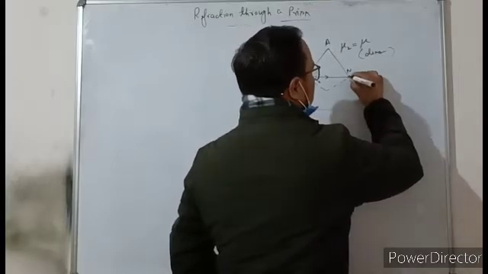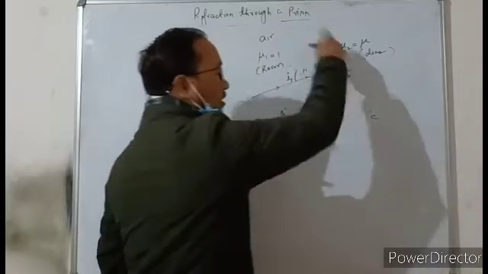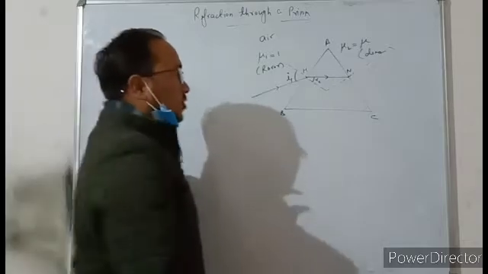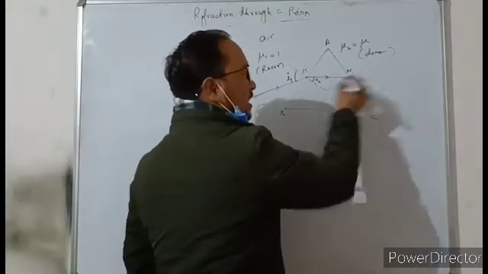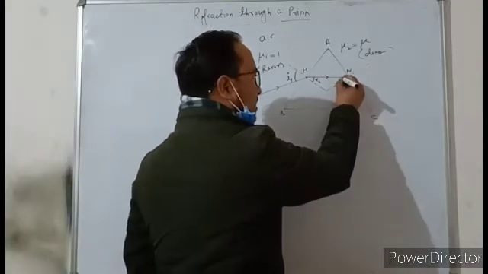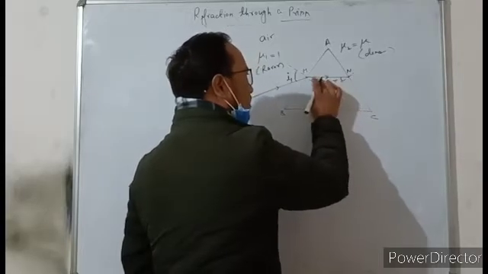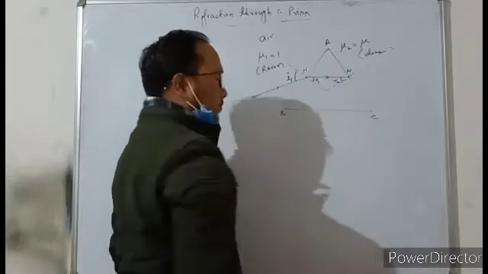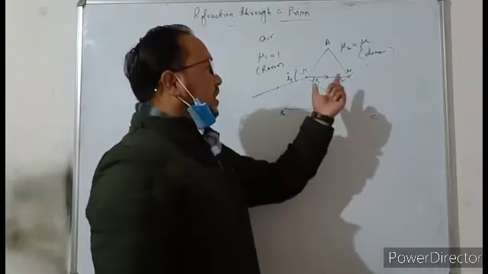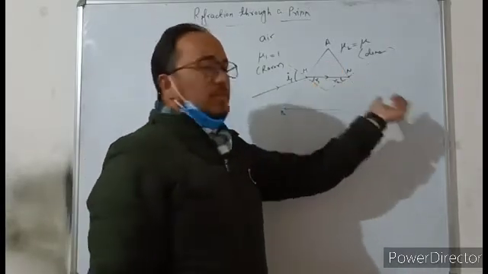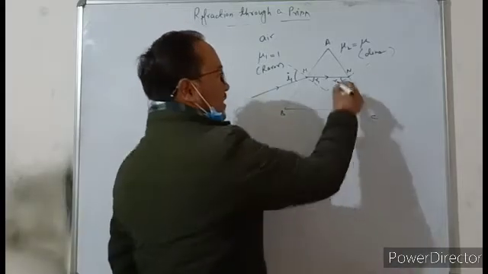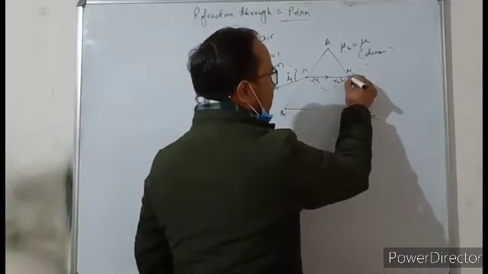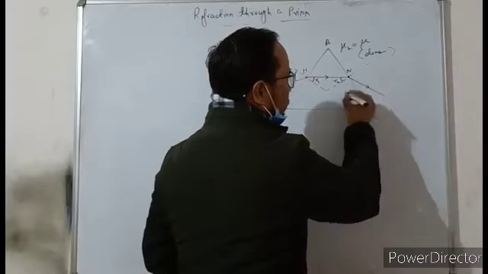Suppose this is normal at the refracting surface AC. So, this is the normal, this is the incident ray. This angle is R1, sorry, this angle is R2. Now, the light is traveling from denser medium to rarer medium, so we can say that the light is always bent away from the normal.